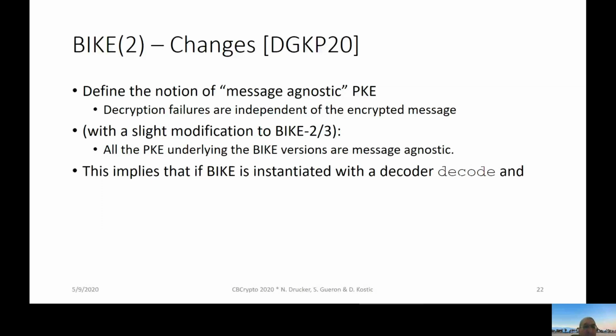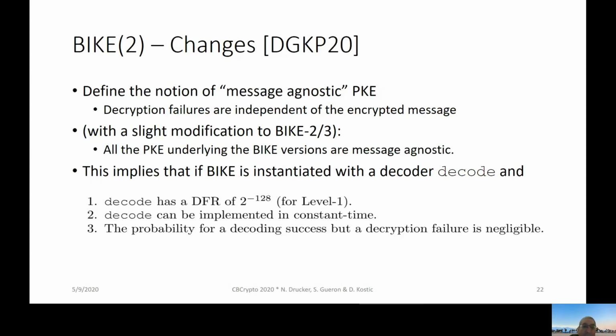And this is good news, because this implies the result that we really wanted: if BIKE is instantiated with a decoder that has a DFR of 2 to the minus 128, and it can be implemented in constant time (I should say, it is also demonstrated to be implemented, but at least you can argue that it can be implemented in constant time), and the probability of decryption failure is negligible, then BIKE is an IND-CCA key encapsulation mechanism.